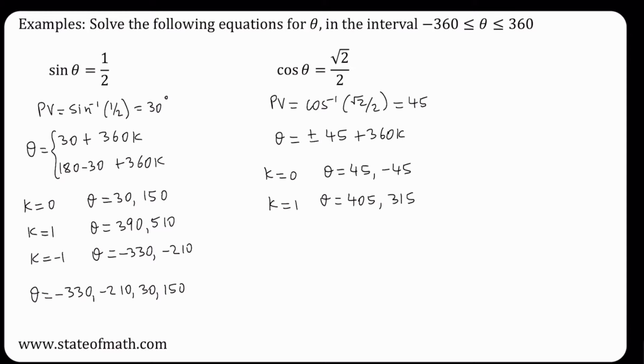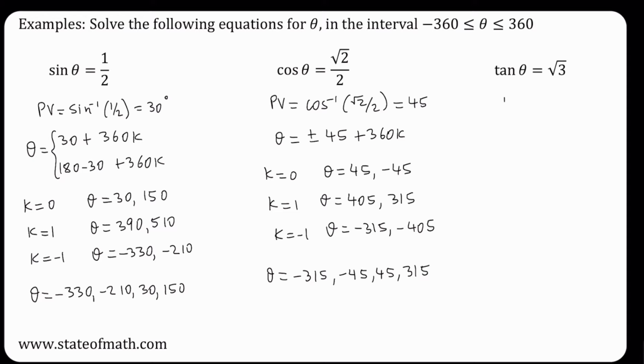If I put k to be negative 1, I'll get theta to be 45 minus 360, which is minus 315, or minus 45 minus 360, which is minus 405. I'm going to list those solutions that are between minus 360 and 360, which are minus 315, minus 45, 45, and 315.